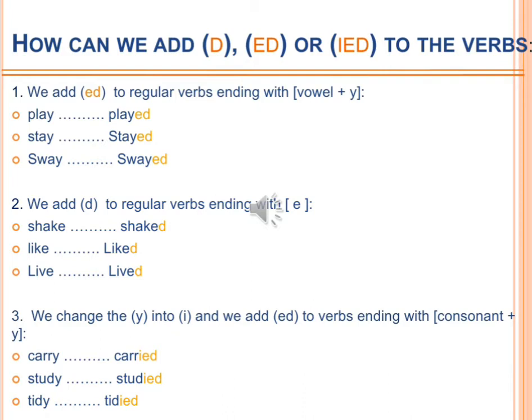We add d to regular verbs ending with e: shake, shaped; like, liked; live, lived. 3. We change y into i and add ed to verbs ending with a consonant and y: carry, carried; study, studied; tidy, tidied.